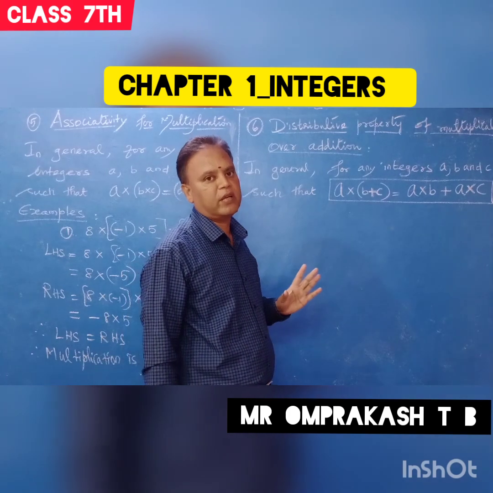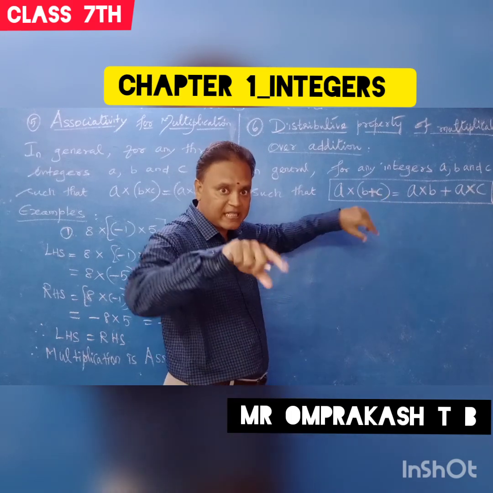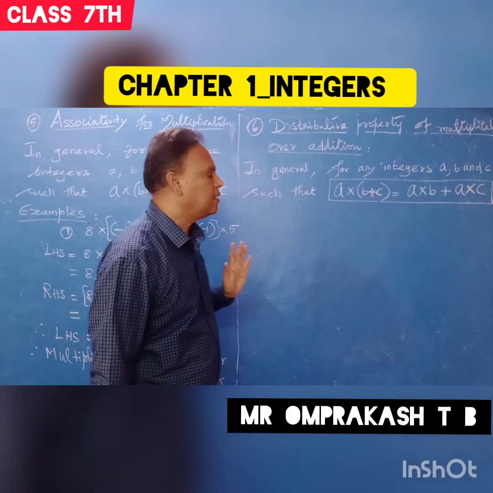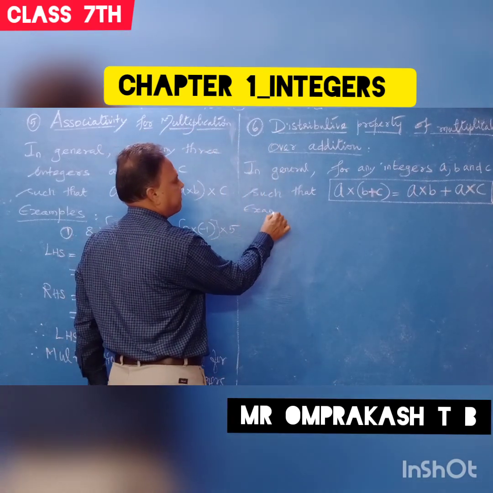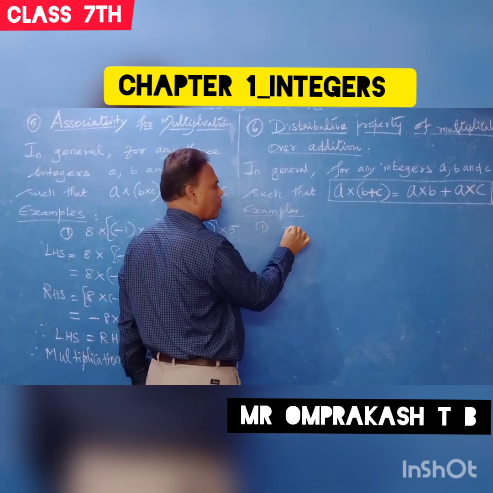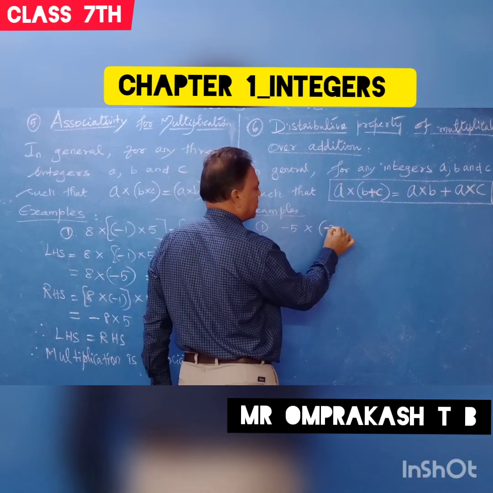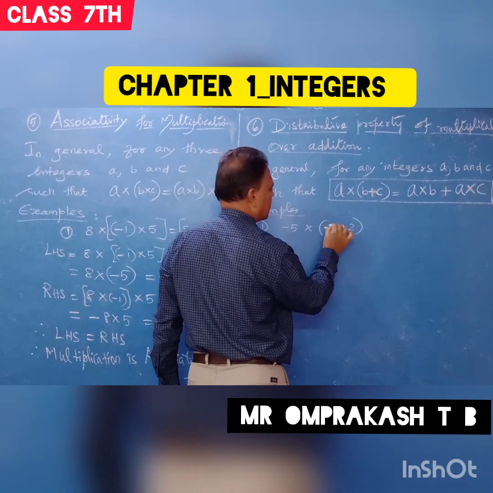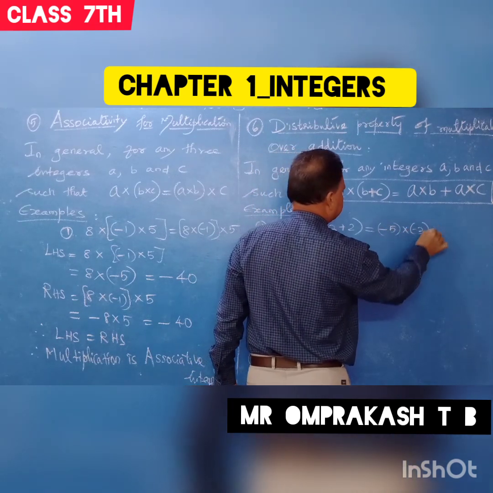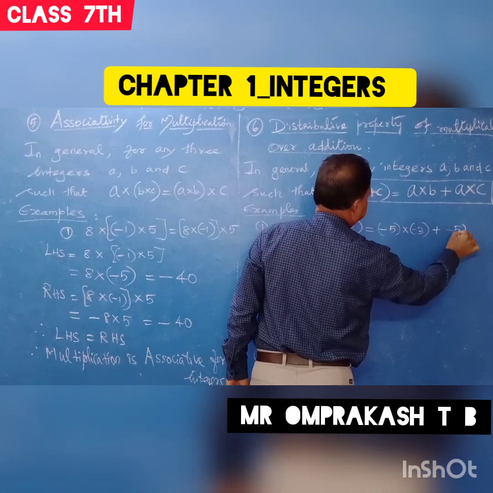So read it properly: a into b plus c means b plus c is in the bracket, is equal to a into b plus a into c. Clear? For example, minus 5 into (minus 3 plus 2) is equal to minus 5 into minus 3 plus minus 5 into 2.